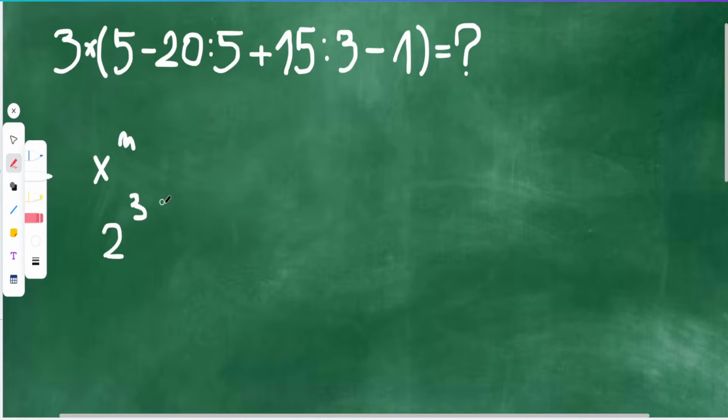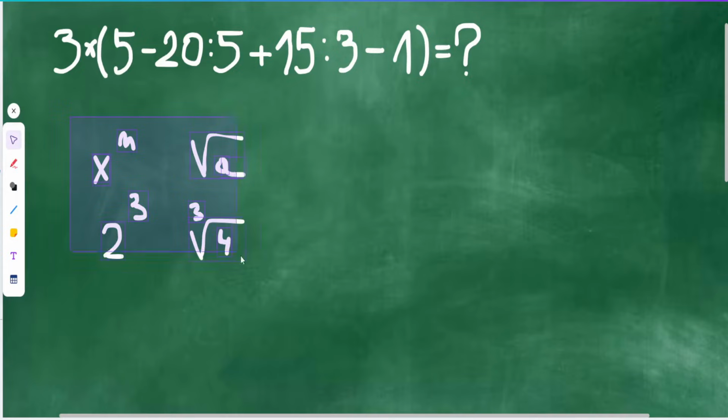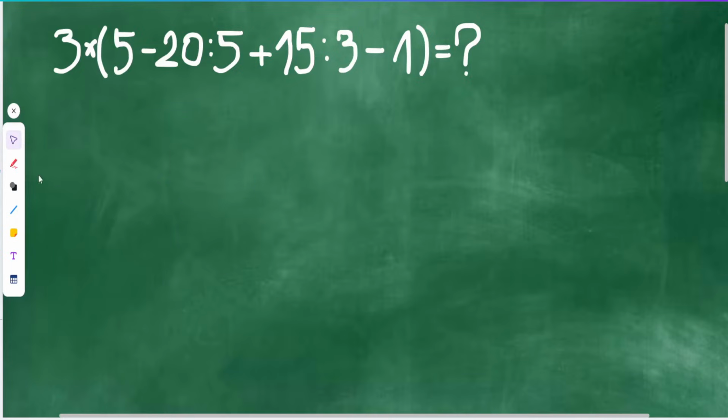Equal to powers are also roots. We could have written down, for example, the root of the letter A, or the third degree root of 4. Then we would have to take it into account. In our calculations, however, please note that we also do not have either exponentiation or square root here, so we can skip it altogether.